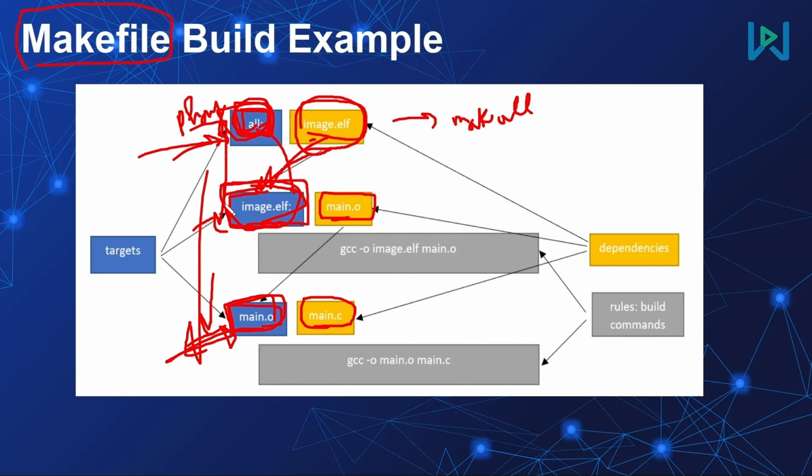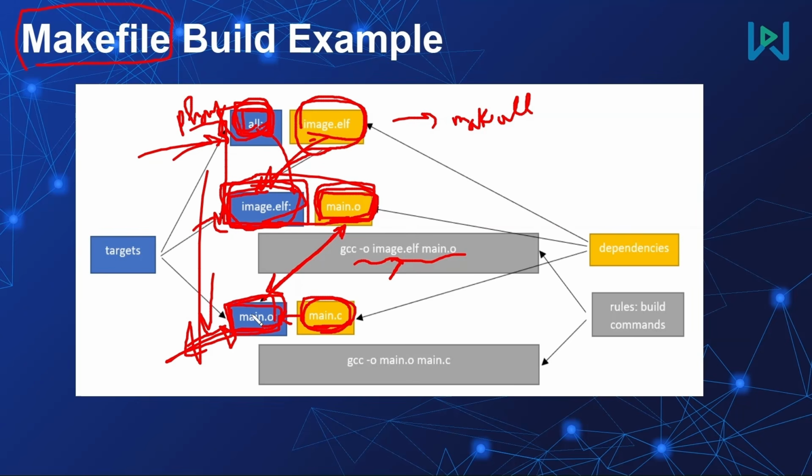Then this one will have its own rule to get generated, and this rule consists of linking the different objects to generate our ELF. Those objects cannot be generated by themselves, hence we need to define another rule that will compile the original sources and generate those objects to be used in the linking stage.